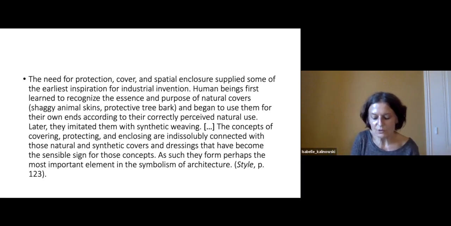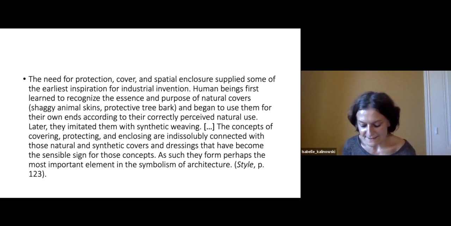What he calls the principle of dressing, the architectural necessity to dress or to cover the structive parts, has been active throughout the history of architecture, even in its textile prototypes.